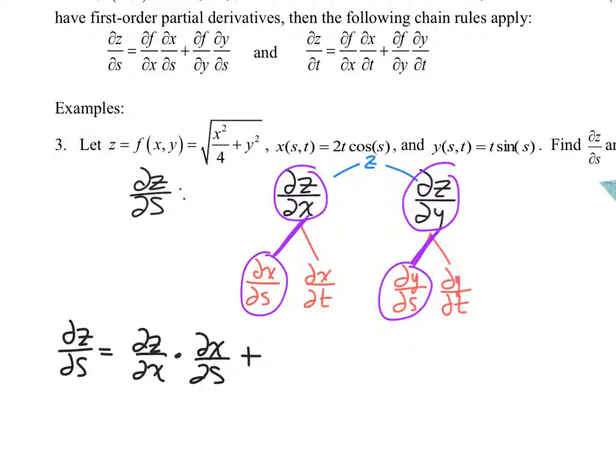Either way, I'm going to get to a partial with respect to s. So then partial z with respect to y multiplied by partial y with respect to s. Yes. Thank you.